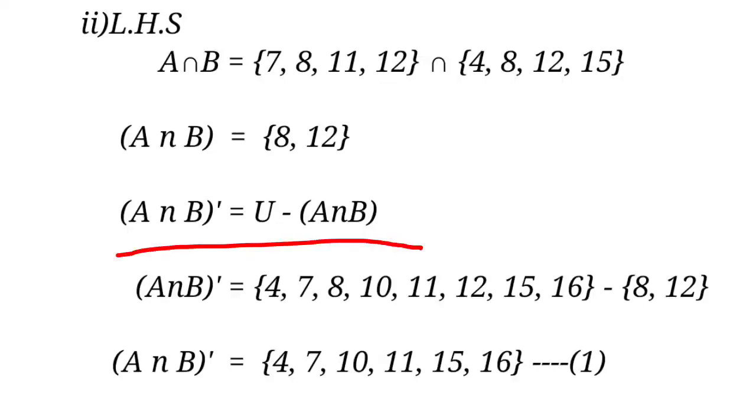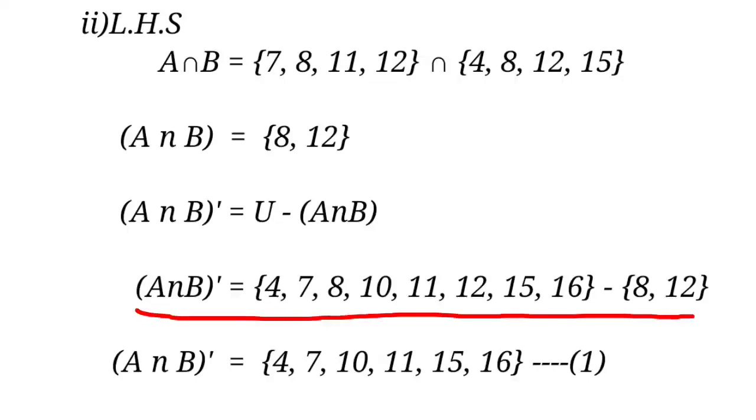Then (A intersection B)' = universal set minus (A intersection B). Then (A intersection B)' = {4, 7, 8, 10, 11, 12, 15, 16} minus {8, 12}.